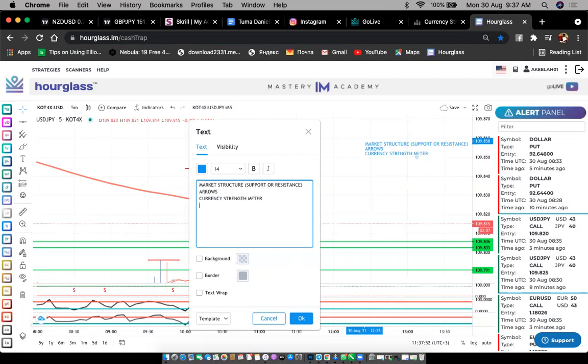Then you go to, what else again? Overbought slash oversold, which is RSI and your stochastic, right?